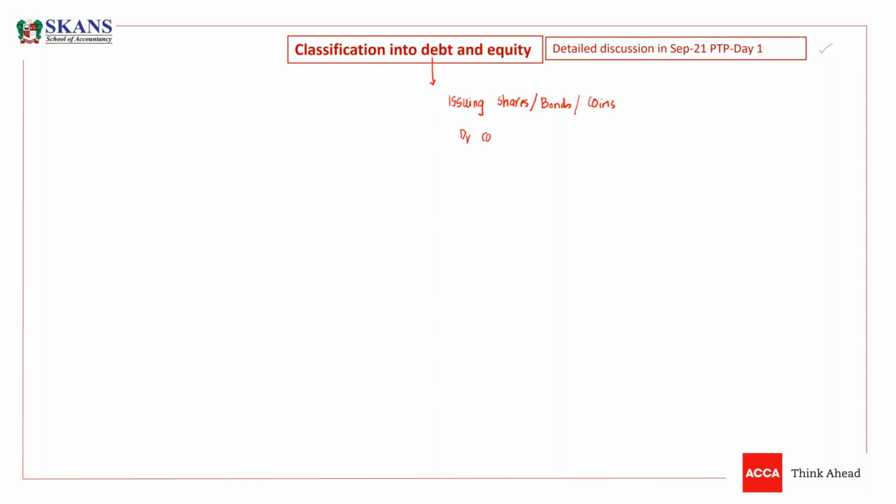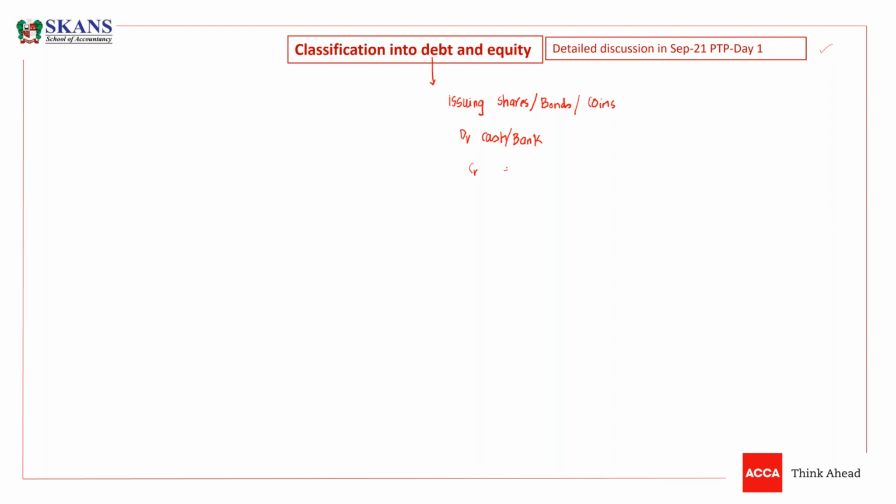Obviously, you are receiving cash by issuing these shares, bonds, coins. So debit would be cash or bank. But what should be the corresponding credit entry?